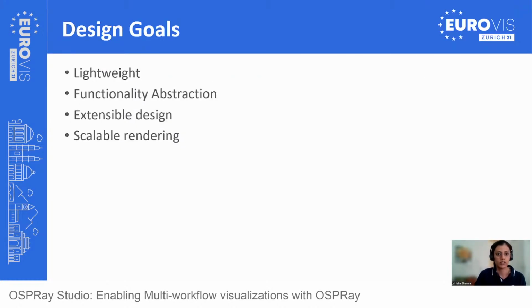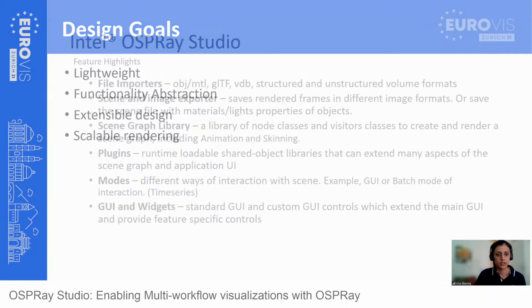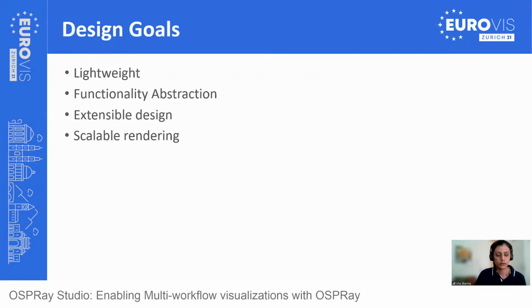So the functionality should be abstract from the core architecture, and the design should be extensible so that it can incorporate different workflows needed to support different kinds of visualization. And finally, scale and scalability is core to visualization, for which we depend on OSPRay's MPI distributed capabilities.